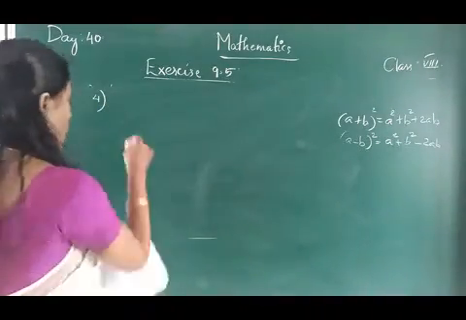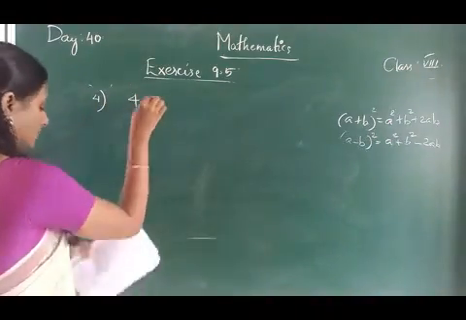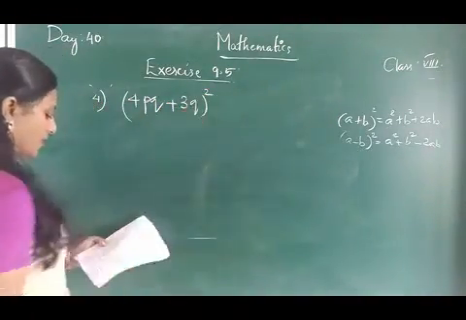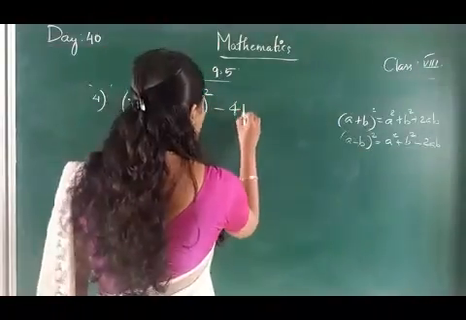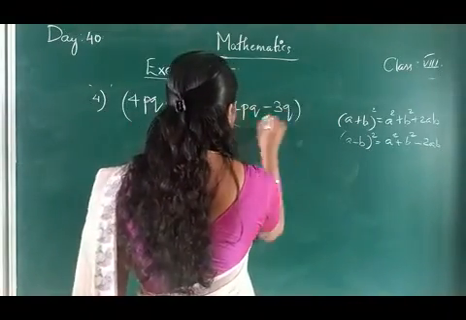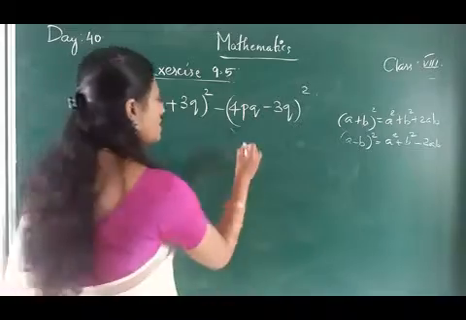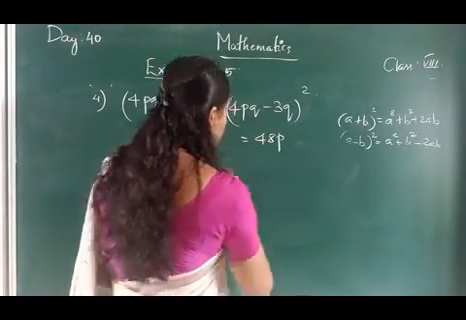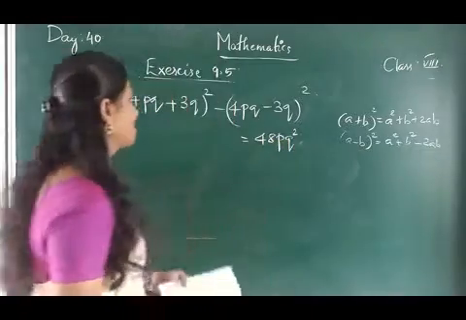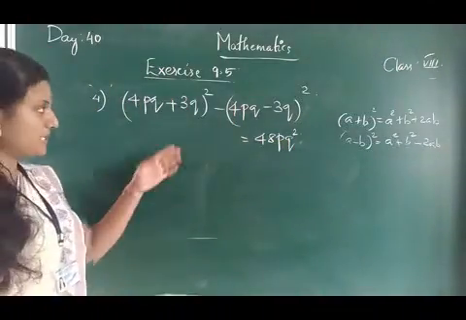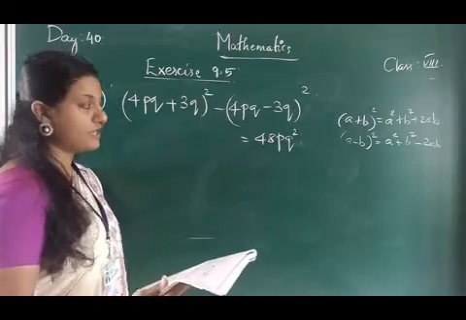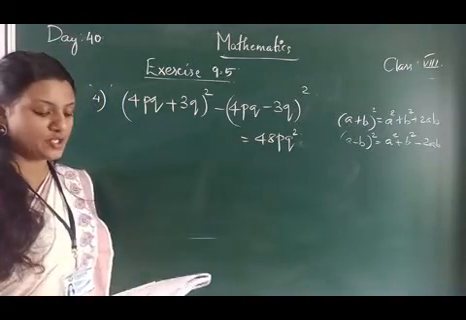Pick the fourth question. 4pq plus 3q the whole square minus 4pq minus 3q the whole square is equal to 48pq square. 4pq plus 3q the whole square minus 4pq minus 3q the whole square is equal to 48pq square.